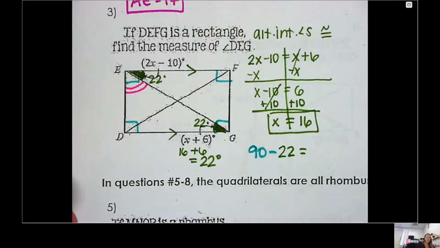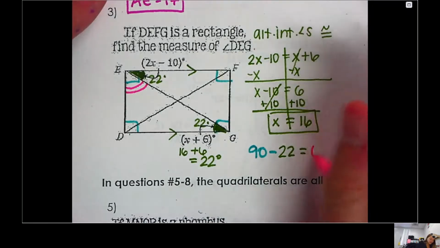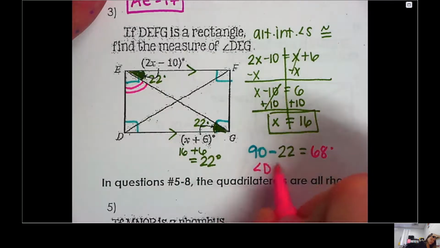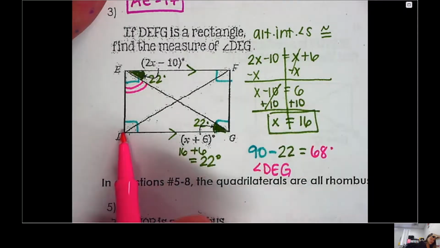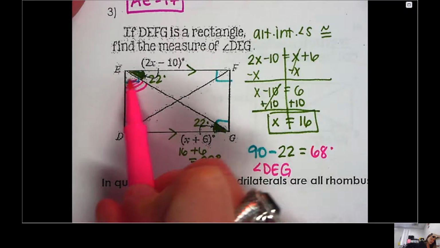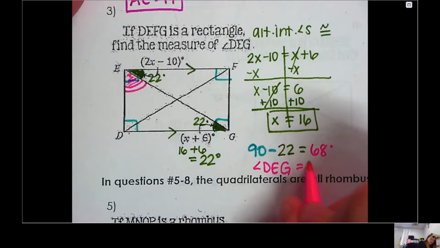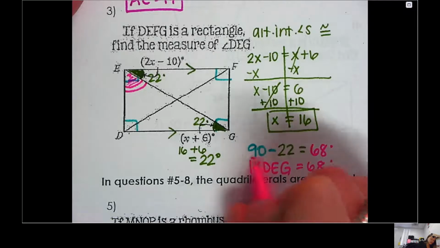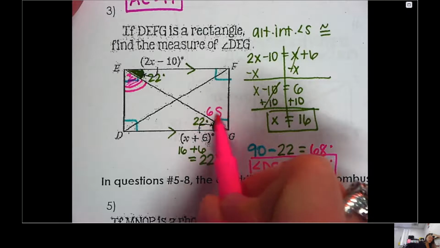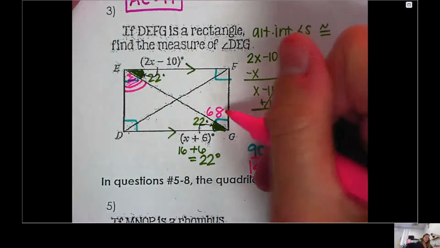And when you subtract those two, you get 68 degrees. So this angle right here, angle DEG, that means you start at D, go towards E, and at G, just this angle in pink right here is 68 degrees. So reading the question is really important, which means this angle over here is also 68 degrees.